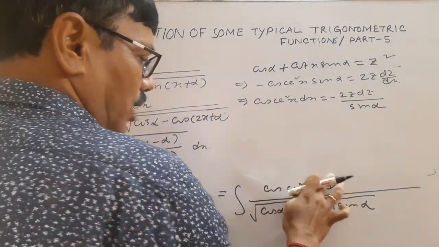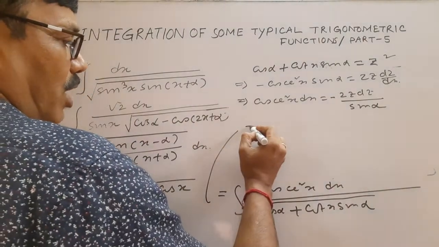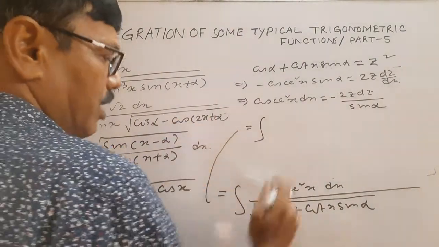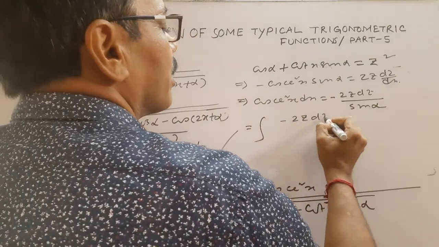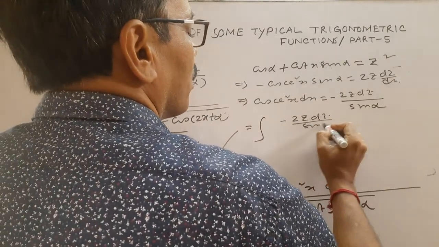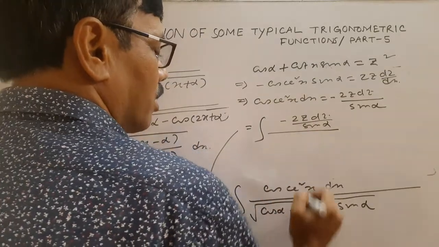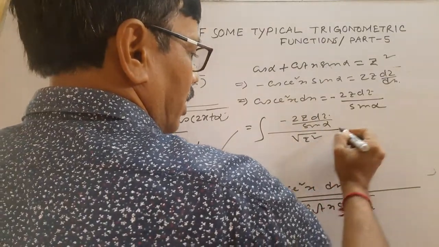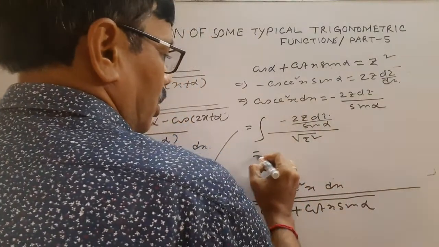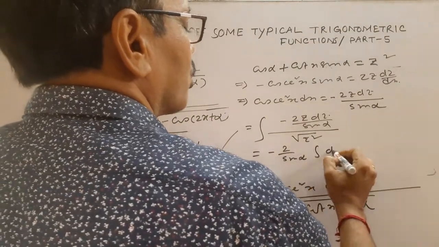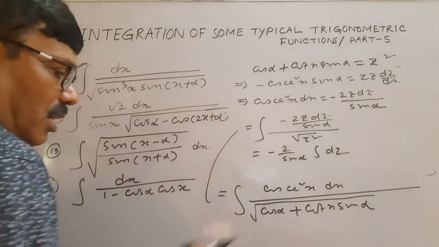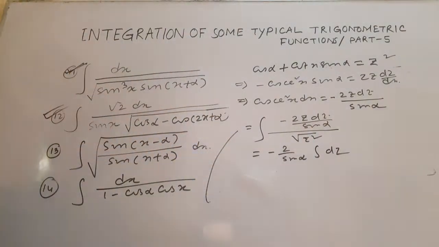So now put the integrand in terms of z. Integration of minus 2z dz by sin alpha by root over z square, that is z. So minus 2 by sin alpha outside, and this is dz; z cancels.